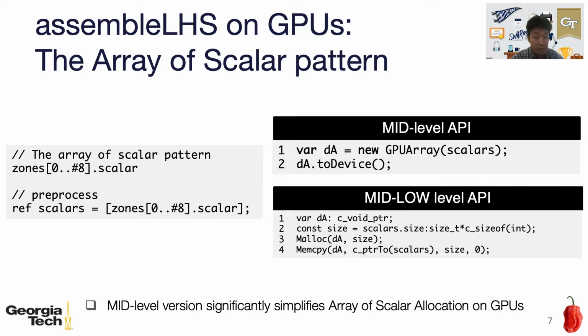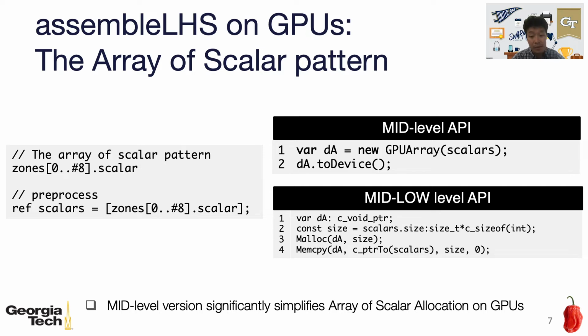And we would say the mid-level version is a bit more Chapel programmer-friendly version, because the user can use the new keyword to allocate GPU memory, whereas the mid-low level is more like a thin wrapper for the low-level GPU API routines, such as the CUDA routines. And going back to this example, at the mid-level API, you allocate the device memory by just putting the Chapel array into the construct of the GPU array structure and call the to-device function to do the host-to-device transfer.